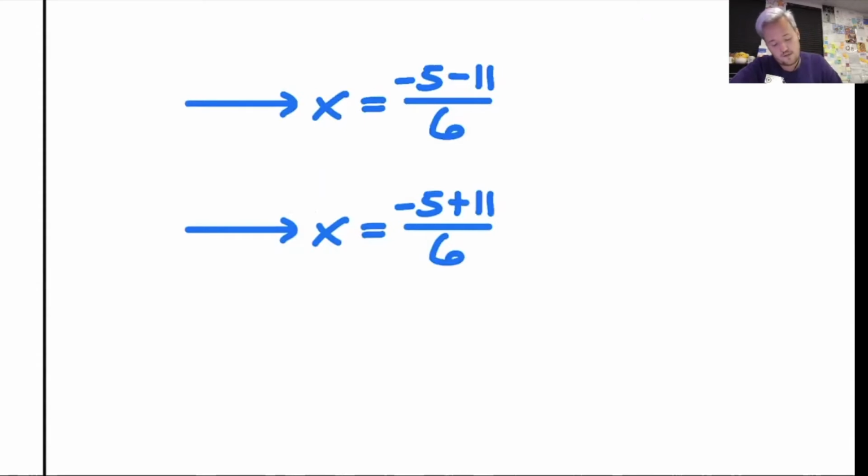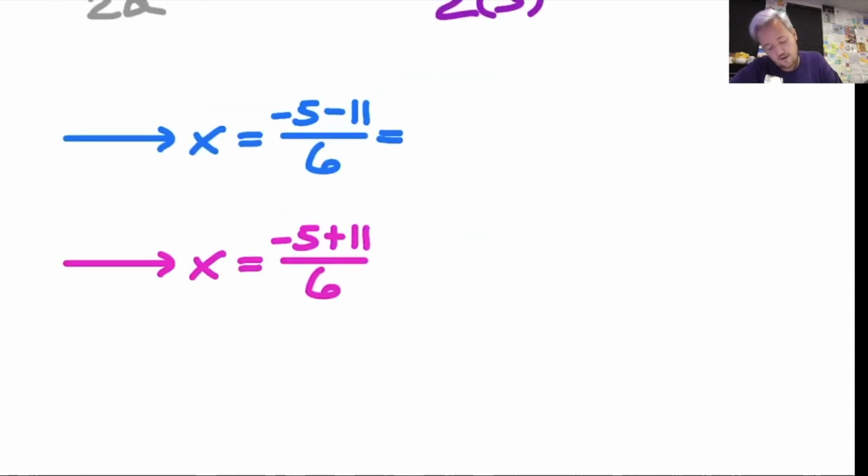All right, so just to keep track, I'm also going to go ahead and change this color. So in the top, -5 minus 11 is going to give you -16 over 6. When I simplify, if I divide by 2, you're going to get -8 over 3.